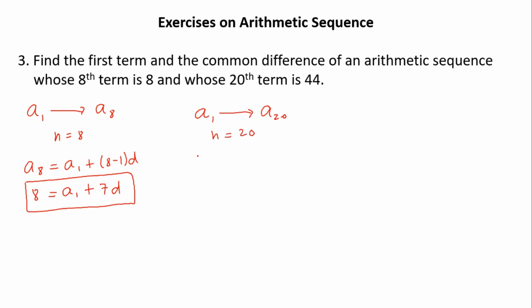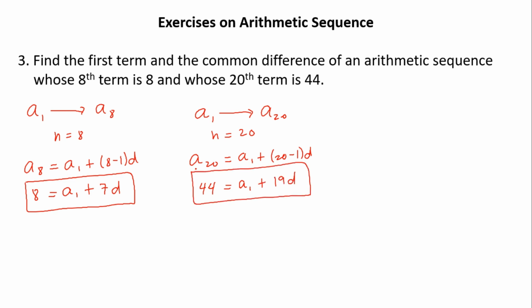So a sub 20 is equal to a sub 1 plus 20 minus 1 times the common difference d. A sub 20 is 44, so 44 is equal to a sub 1 plus 19d. So now we have another equation in two variables. Now we can easily solve for a sub 1 and d.